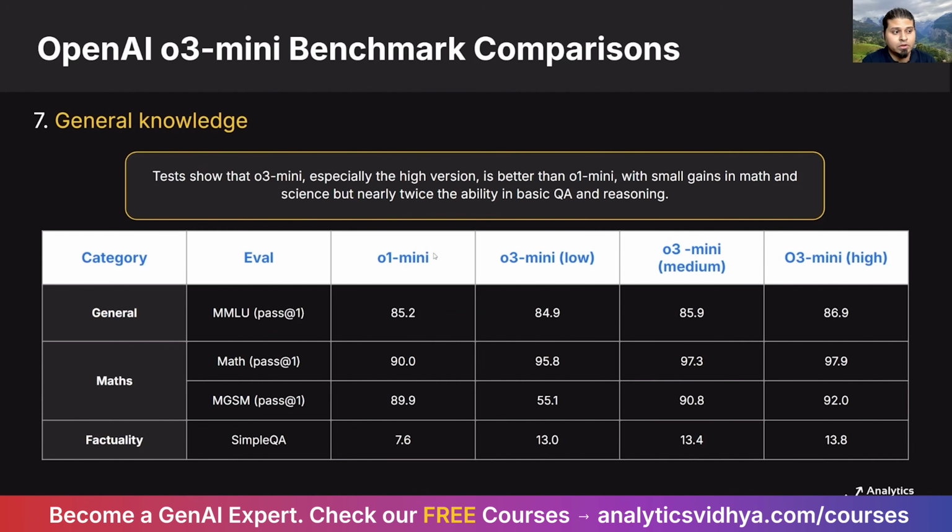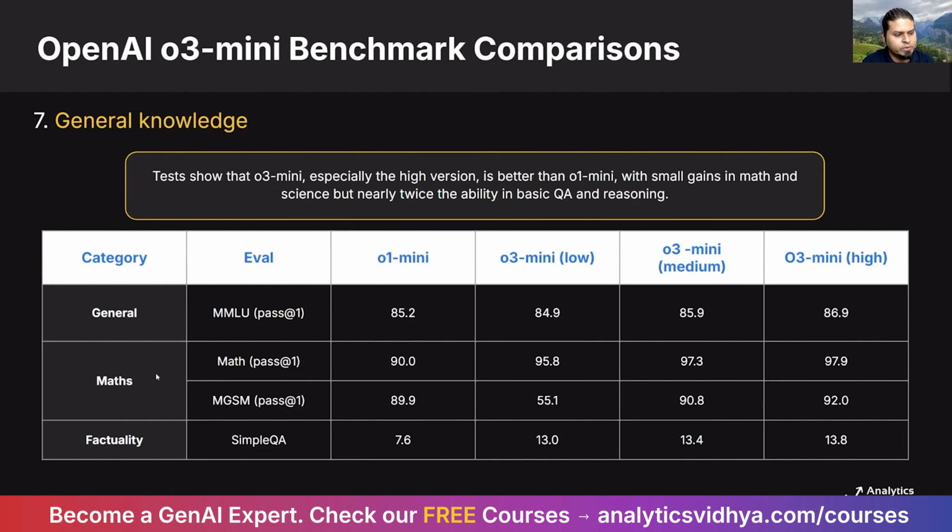And then we have the general knowledge based benchmark, where tests show that o3-mini, especially the high reasoning version, is better than o1-mini with small gains in math and science, but nearly twice the ability in basic question answering and reasoning. So the MMLU is one of the most popular benchmarks used across different LLM evaluations.